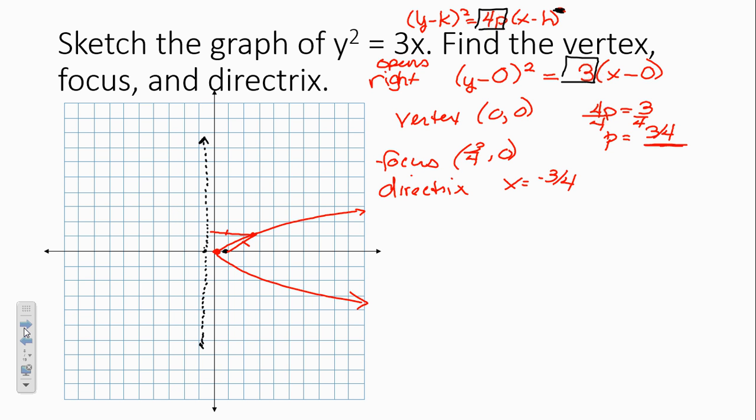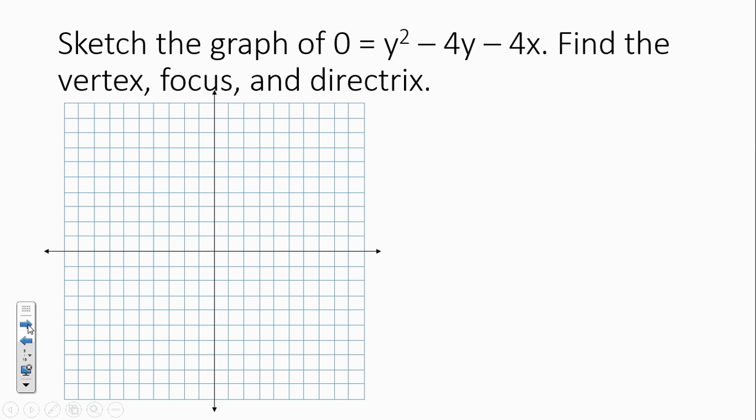All right, let's look at another example. Now we're going to find the graph, or sketch the graph, of 0 equals y squared minus 4y minus 4x, and find the vertex, focus, and directrix.